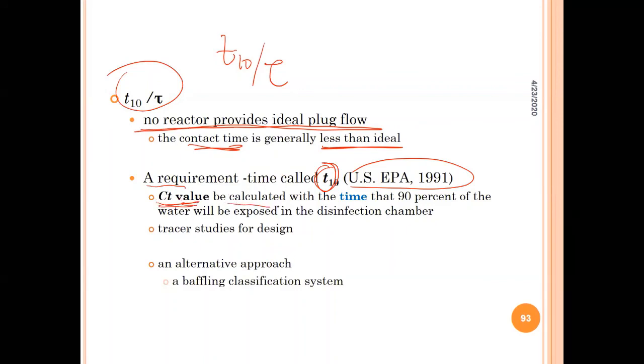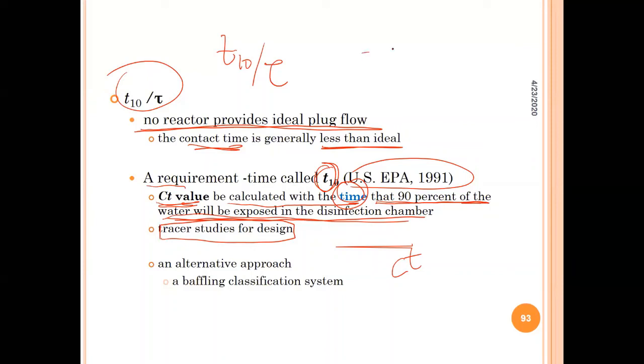that is calculated with the time at which 90% of the water will be exposed in the disinfection chamber. This is the CT value, the concentration time value. It can be calculated using time, the time at which 90% of the water will be exposed in the disinfection chamber, and we can see this using tracer studies.